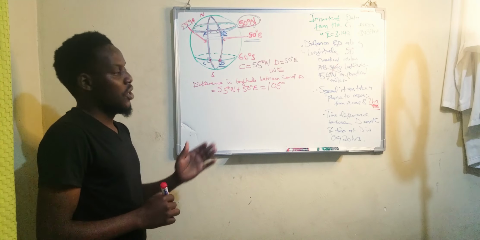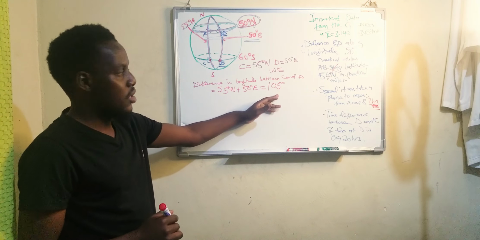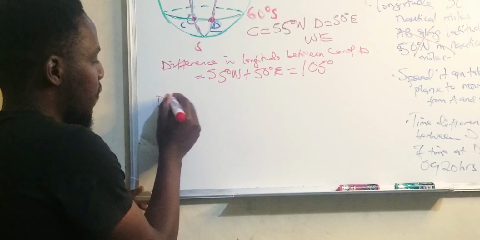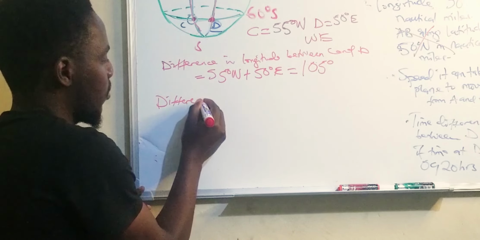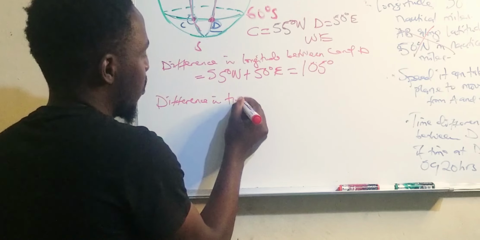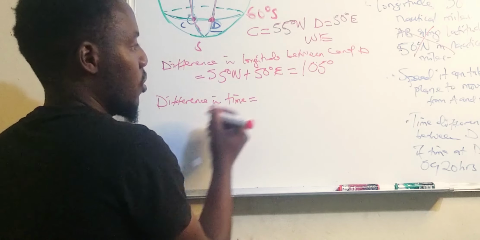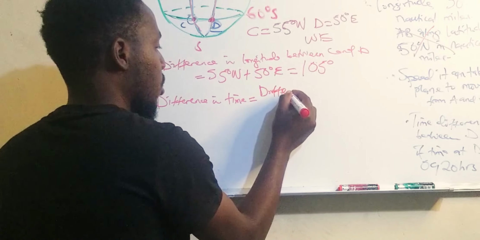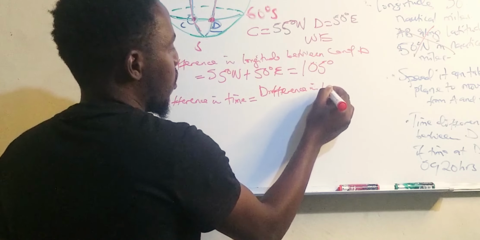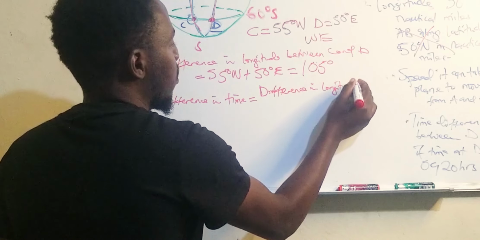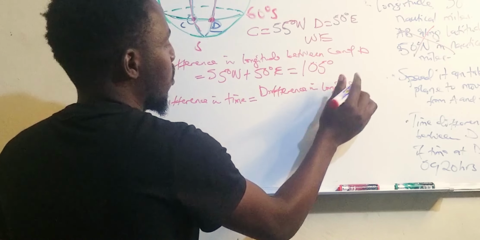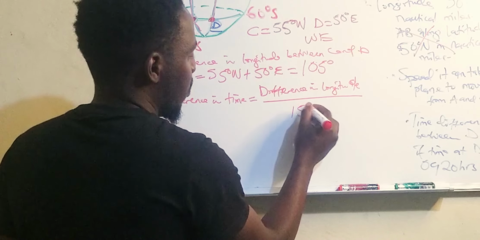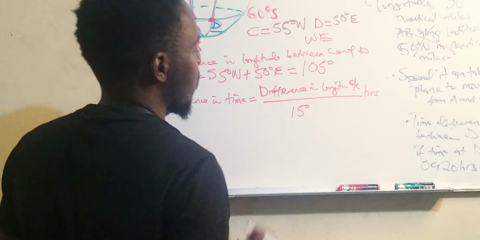Now, we need to convert this to hours. And I remember giving you the formula: difference in time is equal to difference in longitude over 15 degrees. This should be in hours.